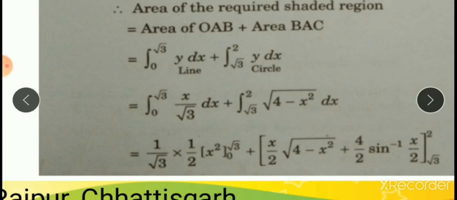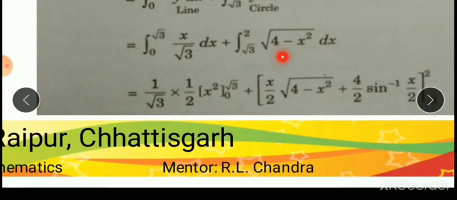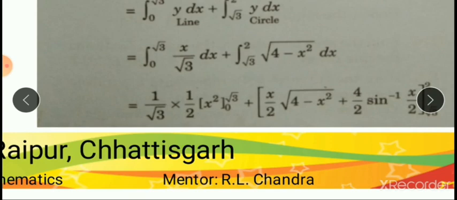You can see here, this part x upon root 3, that is 0 to root 3, the first part is covered by this line and the second part is covered by the circle. That's why we are taking the equation of the circle as a function of x. All of you know how to integrate. 1 upon root 3 is constant.